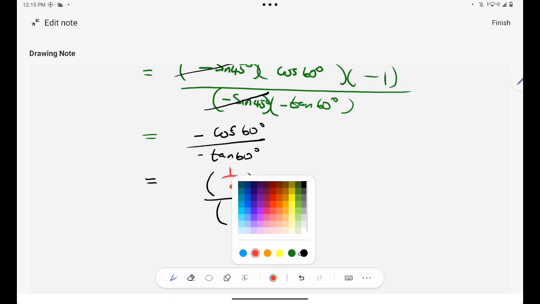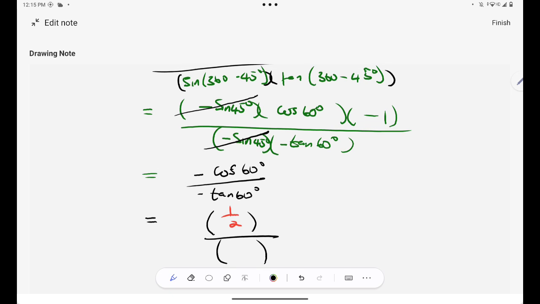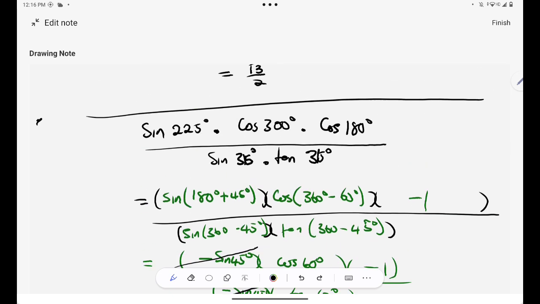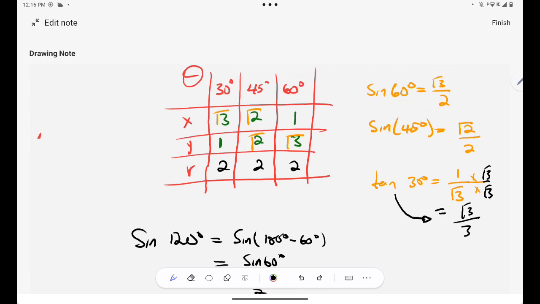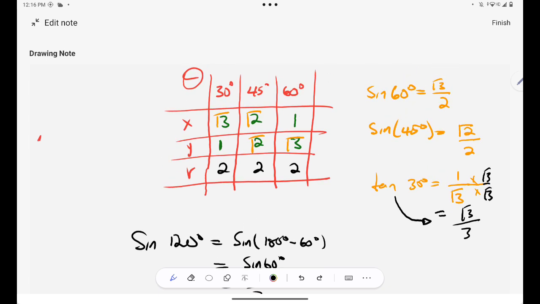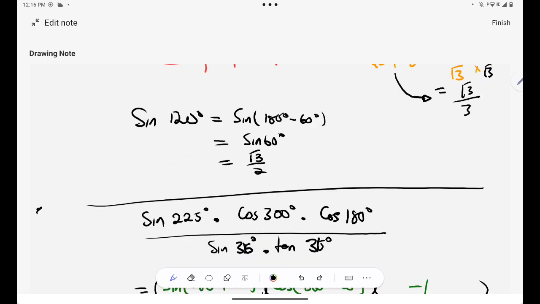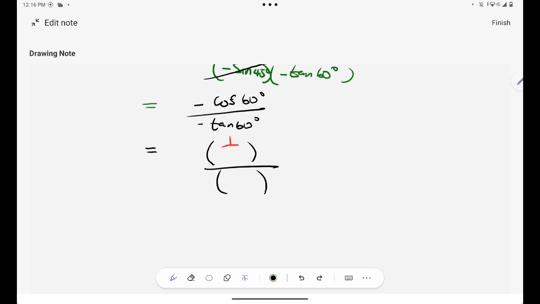And then tan of 60 is the square root of 3 all over 1.